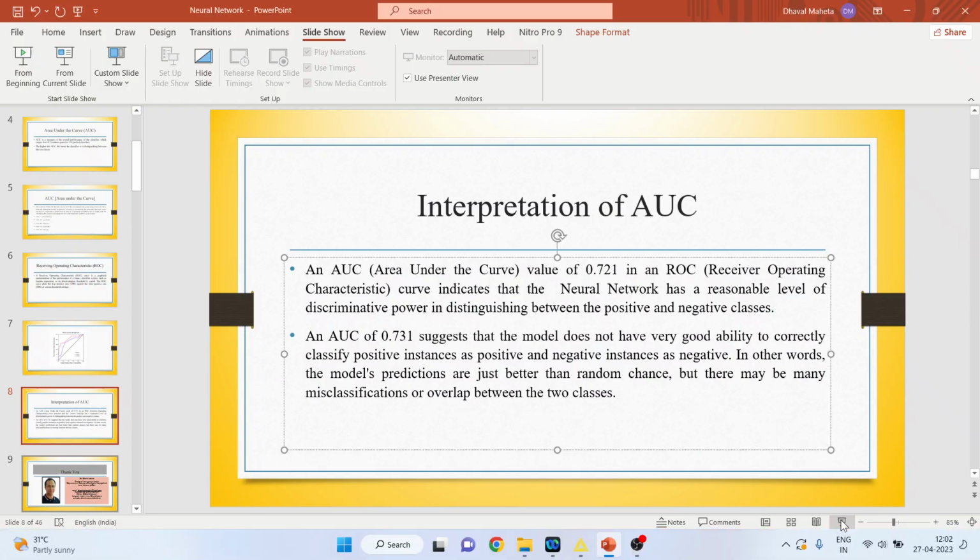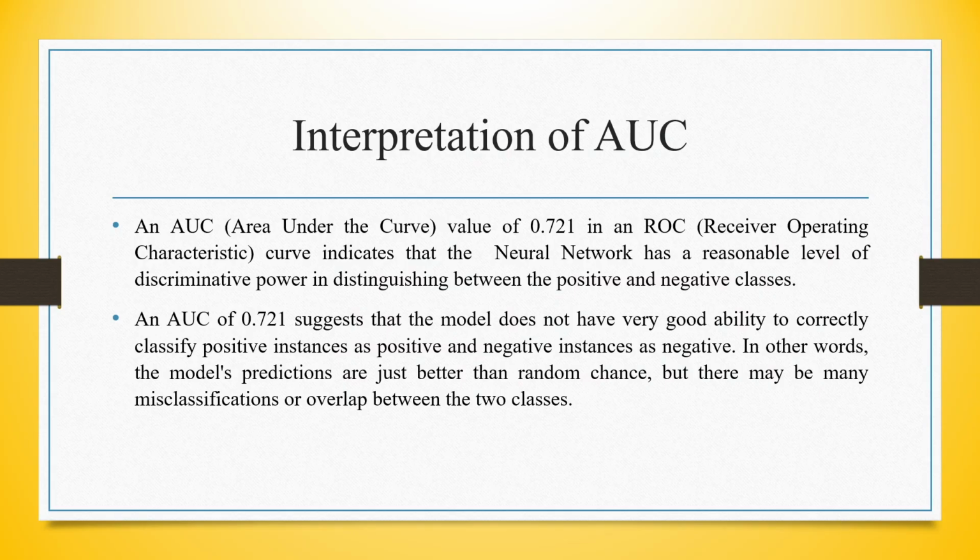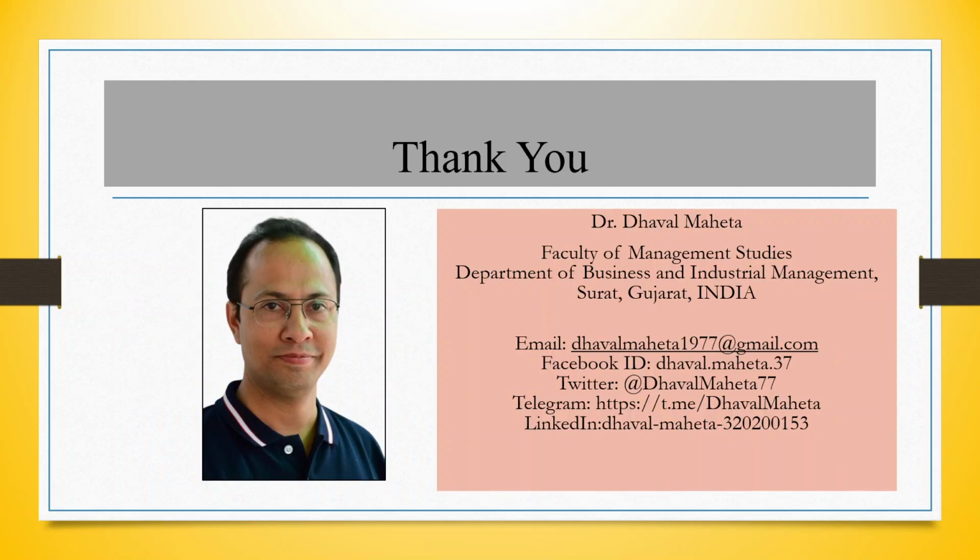An AUC of 0.731, let's change this to 0.721, suggests that the model does not have very good ability to correctly classify positive instances as positive and negative instances as negative. In other words, the model predictions are just better than random chance, but there may be many misclassifications or overlap between the two classes. So this is how you can plot the ROC curve in KNIME.